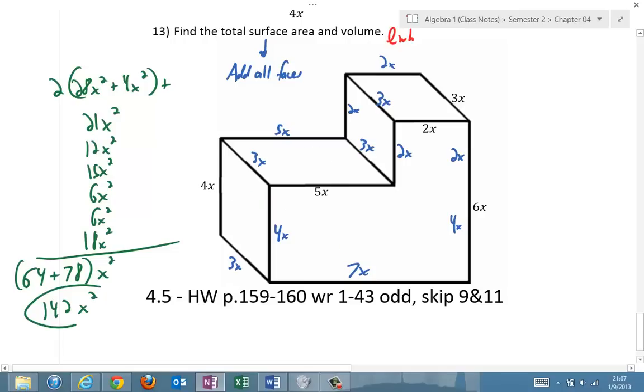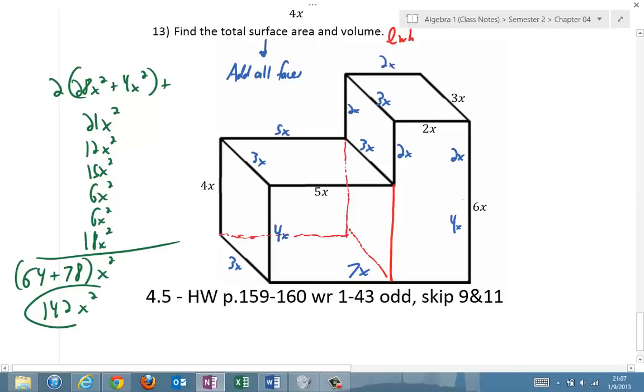And I'm going to split this entire object into just 2 pieces. This is going to be a little bit of a trick in the brain to see if you can see how I'm cutting this thing up. But I'm going to do it like this. This is not the choice you have to make. There are other choices in terms of how you can do that. But if you can see that now as 2 rectangular prisms joined together, then this becomes a lot easier.